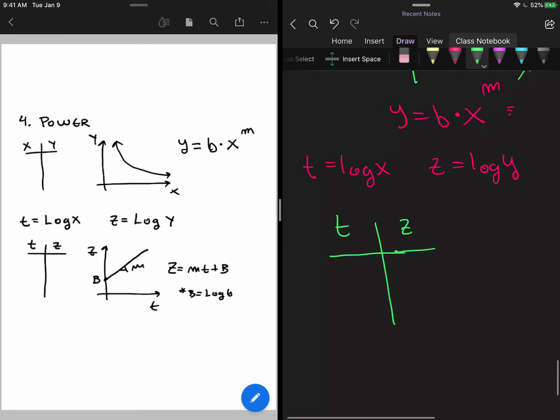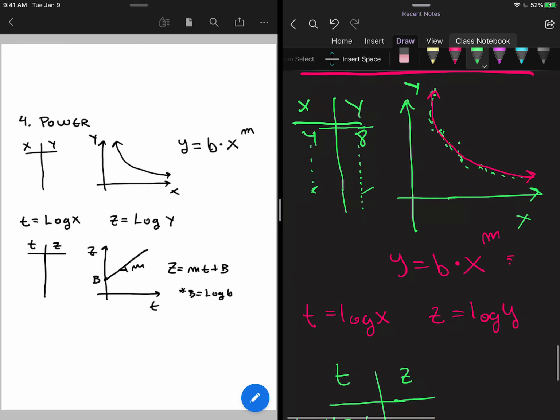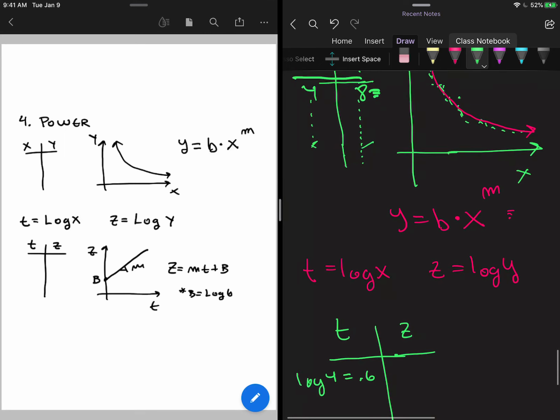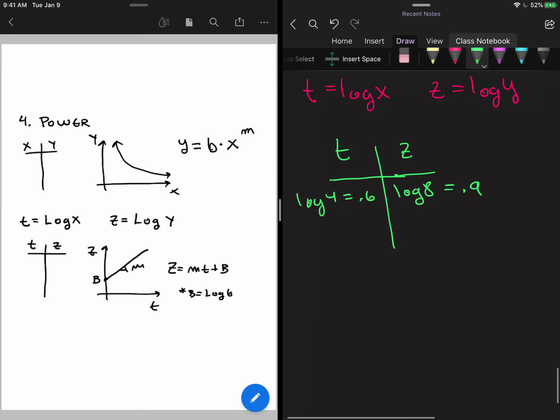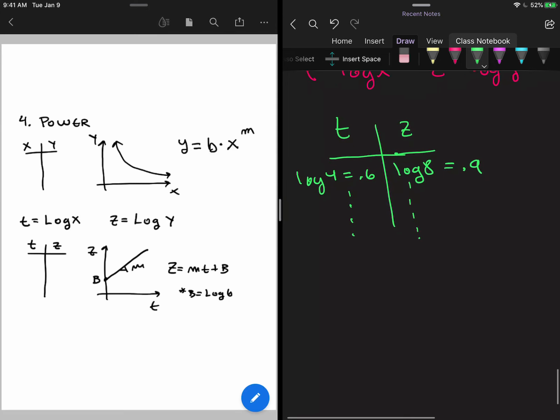So t is going to be log base 10 of 4, and that should give you about 0.6. And z, since y is 8, z is going to be the log base 10 of 8, and that should give you about 0.9. And you're going to do that for all of the rest of the numbers here.